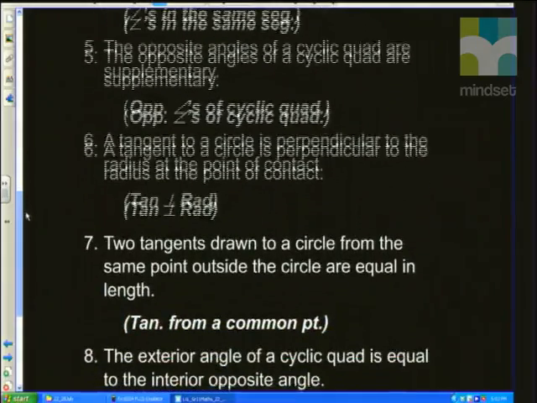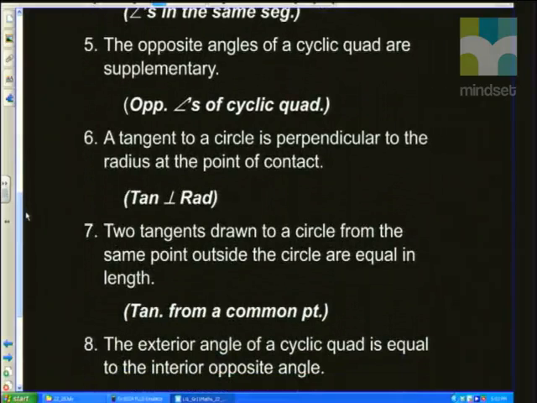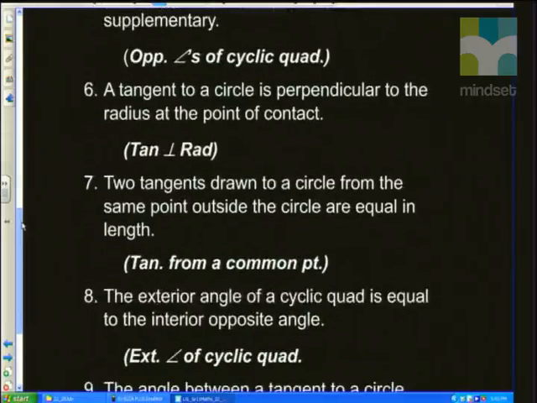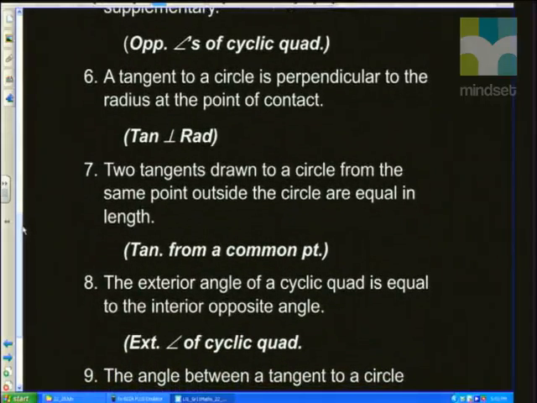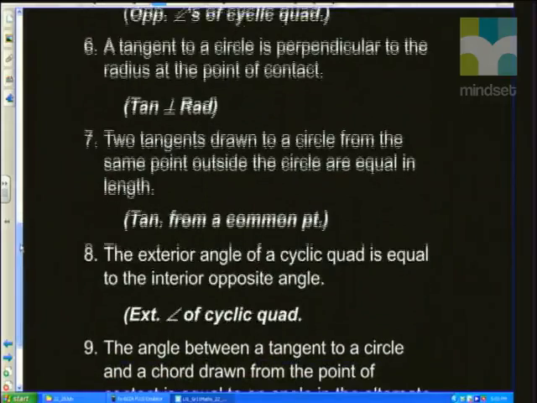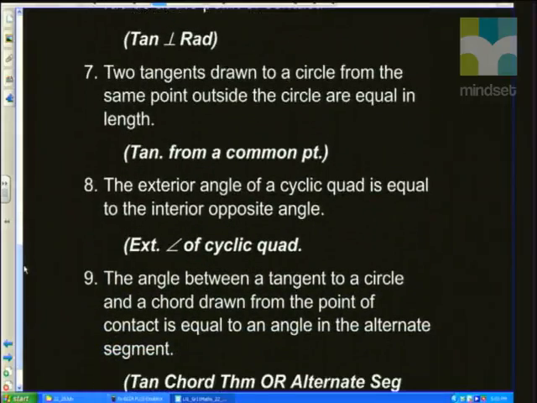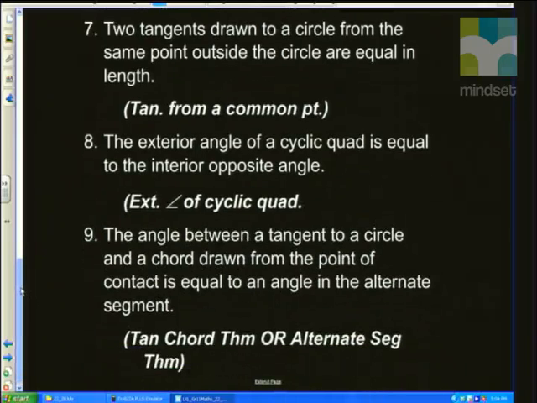Okay, and then number 6, a tangent to a circle is perpendicular to the radius at the point of contact. 7, two tangents drawn to a circle from the same point outside the circle are equal in length. And then 8, the exterior angle of a cyclic quad is equal to the interior opposite angle, right? And then the last one being your tan chord theorem.